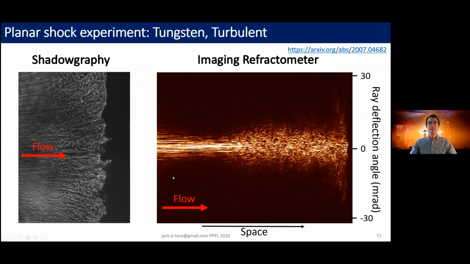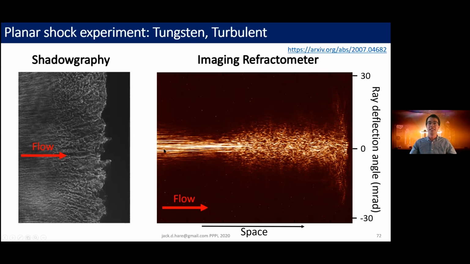So again, this image here has the same spatial axis as the shadowgraphy. So we can see the flow coming in, we can see it interacting with the wall that's on the far side. But now in the vertical axis, we capture the angle at which rays exit the plasma. So in the inflow region here, the upstream region, where the plasma flow looks relatively laminar, most of the rays exit the plasma with no large deflection angle.